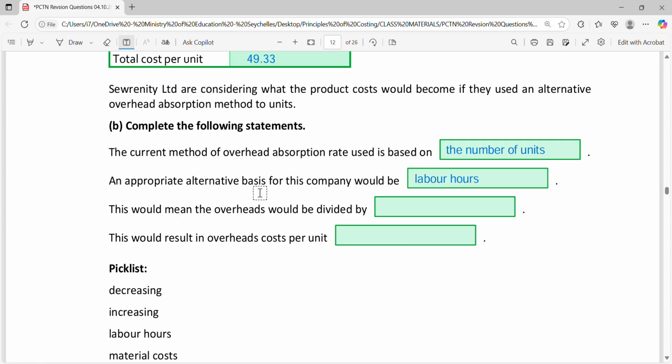Then the question says this would mean the overheads would be divided by. Now remember, overhead absorption rate is the budgeted overheads divided by the number of units if you are using units as the basis, divide by the number of hours if you are using labor hours as the basis, or divide by the machine hours if you are using machine hours as the basis.